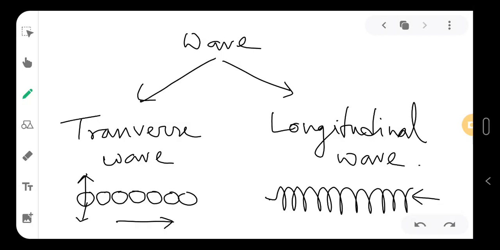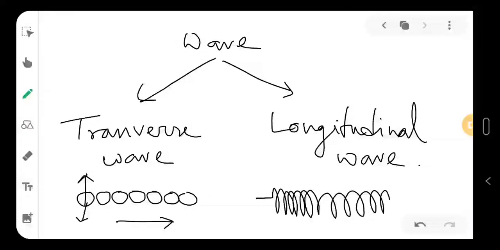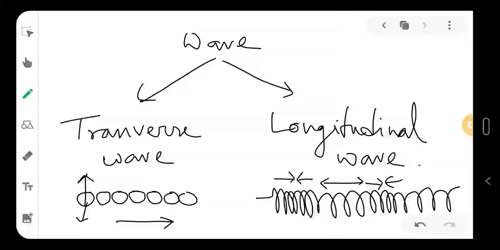So how will it look? We can draw it and see that somewhere it will be very closed, whereas somewhere it will be longer, again closed, again longer. That means here we have decompression, here we have compression, here again compression, here again decompression.